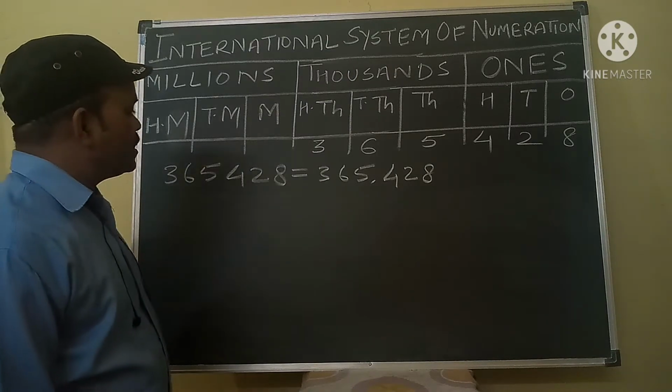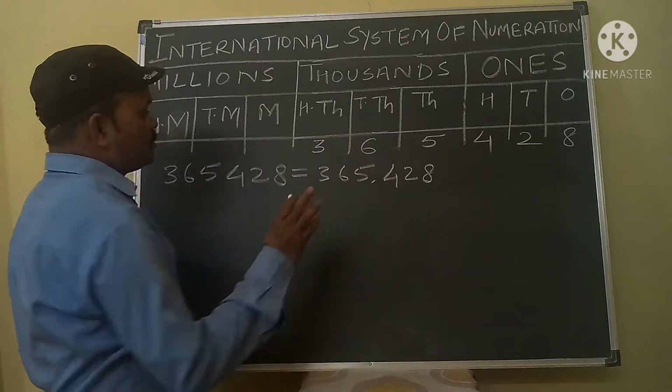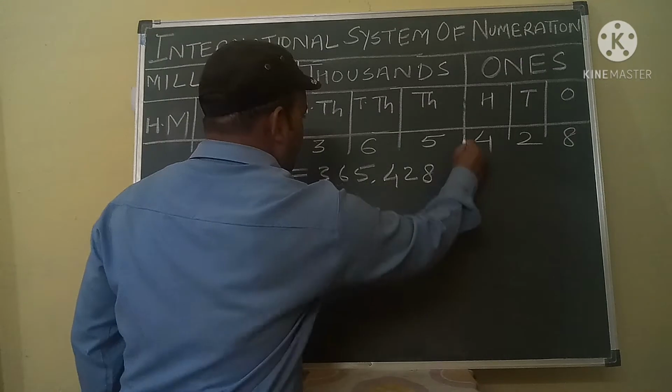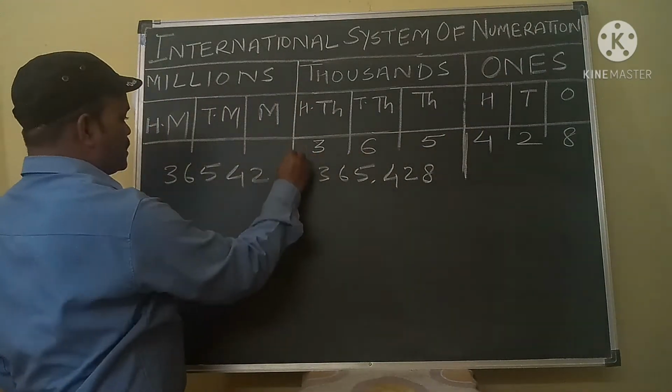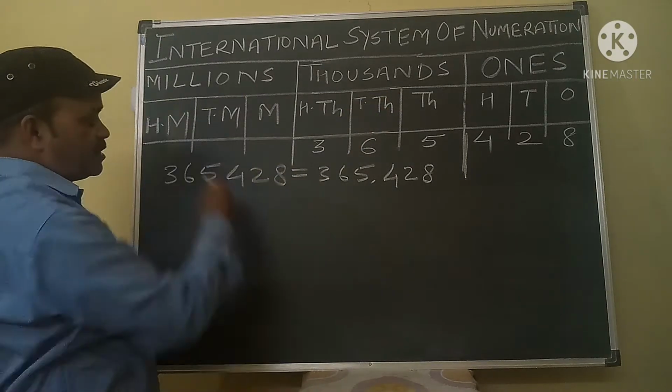My dear students, as you are looking in this table, this is ones period. Okay, this is ones period, this is thousand period, and this is millions period.